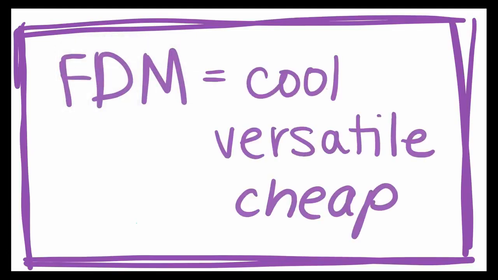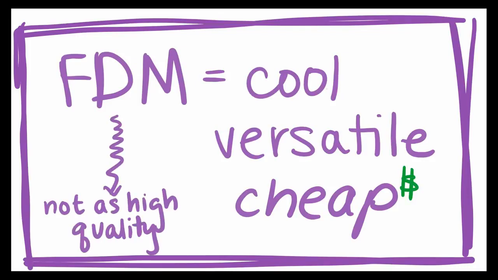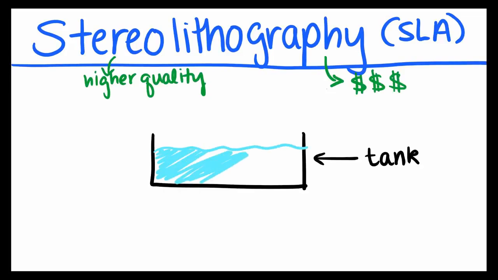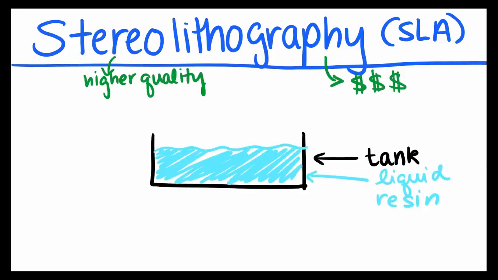FDM is incredibly cool, versatile, and cheap, but sometimes it's not as high quality as you would like. Stereolithography, or SLA, on the other hand, is well known for being much higher quality and more expensive than FDM. For SLA, you have a tank of liquid resin, under which is an ultraviolet ray.